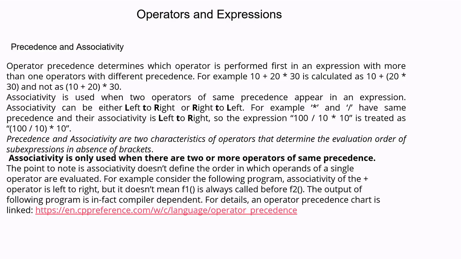Other than that, most of them are left to right. I have a link down here that links to a chart that gives you the list of operator precedences and the associativity associated with them.